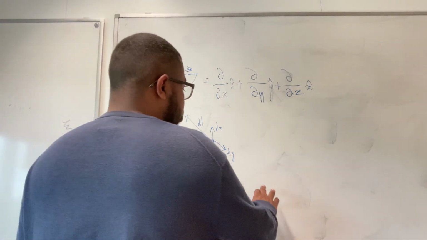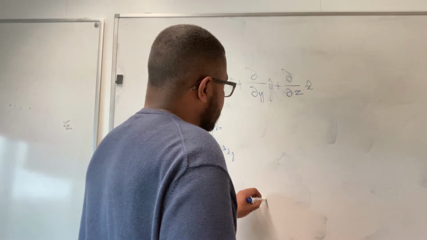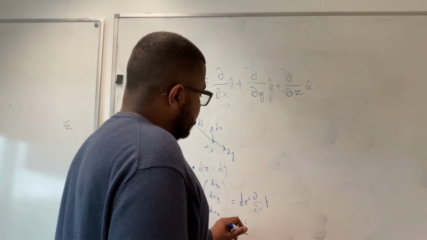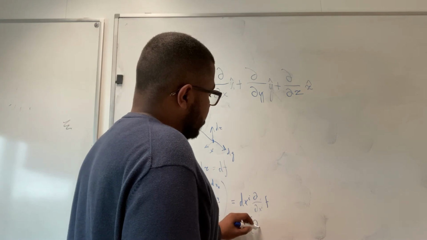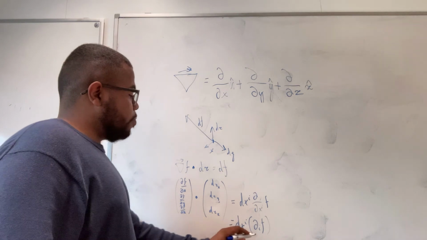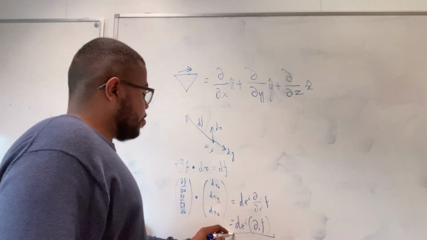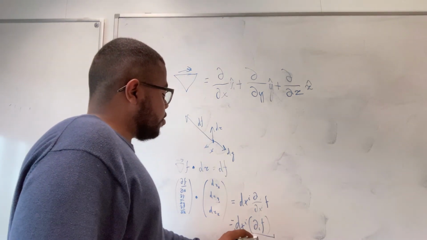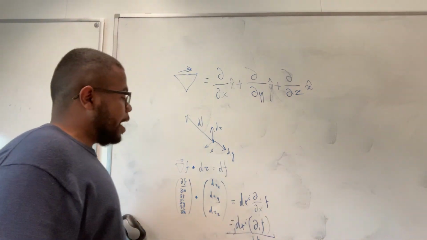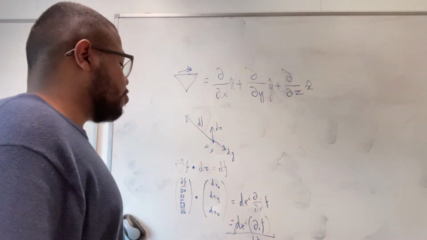To write this a little bit more compactly, we can note this as dxi multiplied by this. And this will be what we call our directional derivative in terms of index notation, writing it in terms of index contractions.